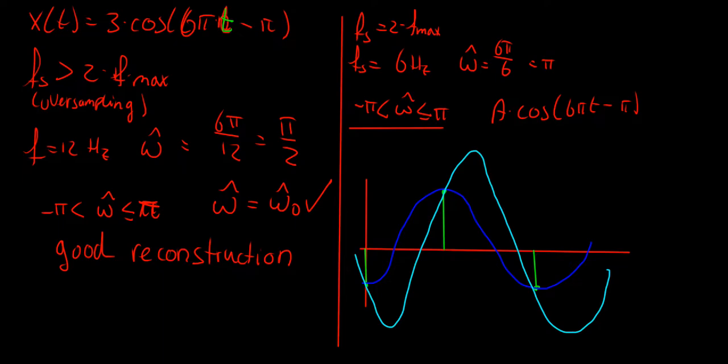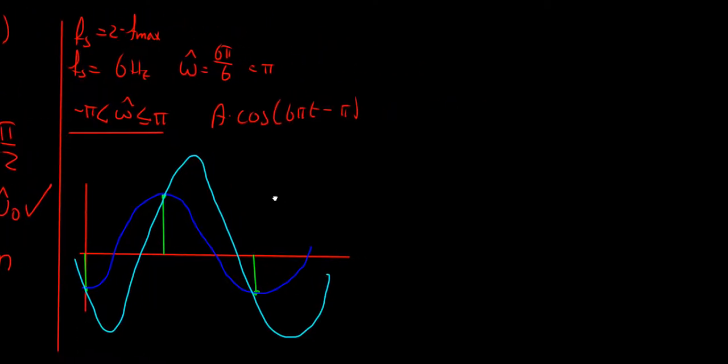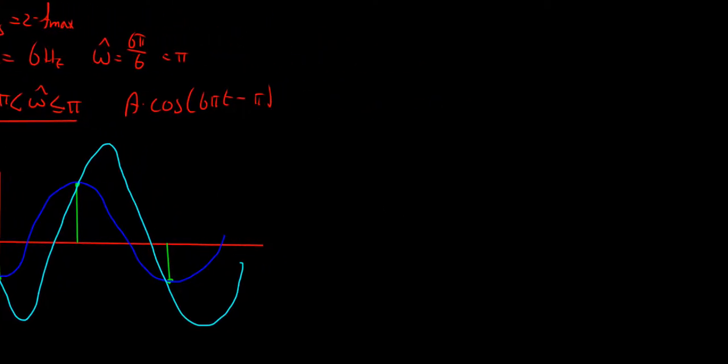So we want to sample with enough frequency bandwidth, or enough frequency sampling, to get all the frequencies in our spectrum. So let's try that for the next one. We have a frequency that is lower than 2 times the maximum frequency.